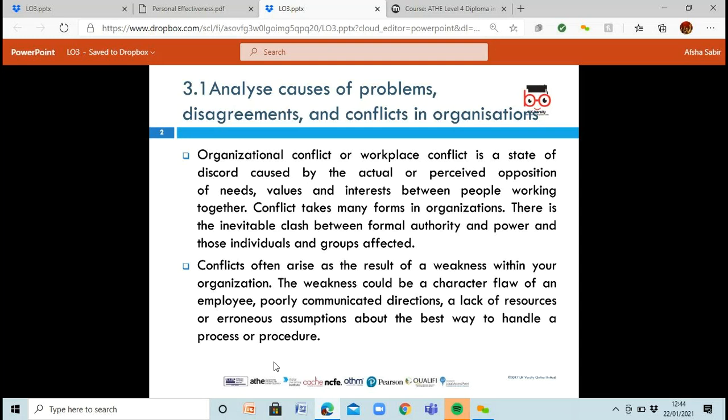Conflicts can happen because of a weakness in your organization. The weakness could be the character of the employee, or they're not getting their directions or tasks communicated to them properly, so you're not conversing with each other in an efficient way. You might not have enough resources, like printers, laptops, or work items that you need.